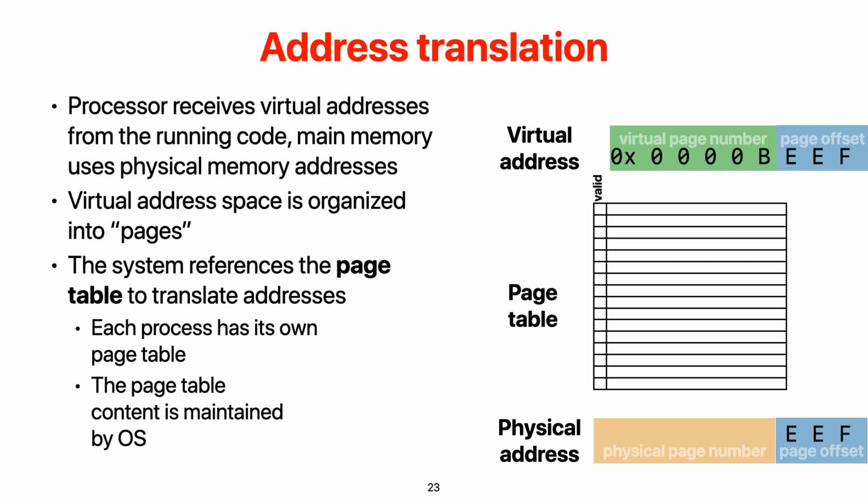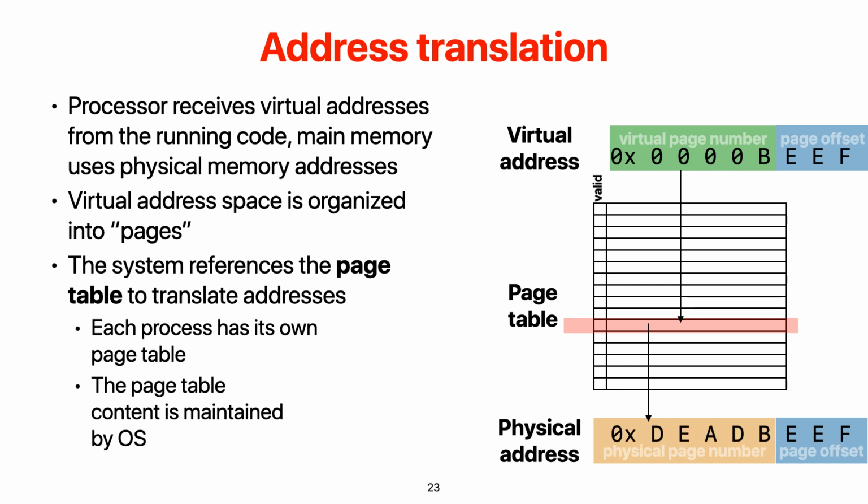For example, for this address, its virtual page number is B, so it corresponds to the 12th entry, or say the number 11 entry, in the page table, and that entry contains the physical page number of your virtual address.